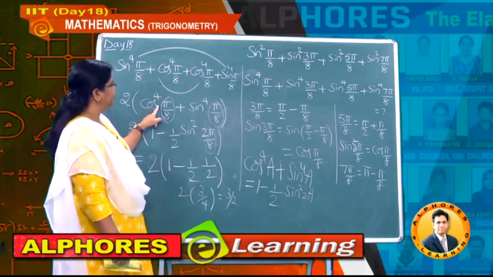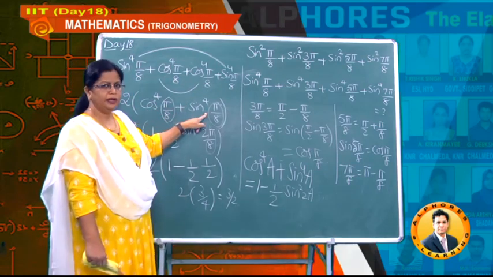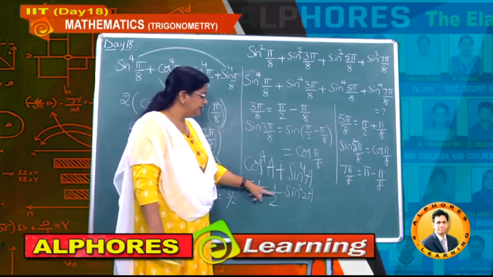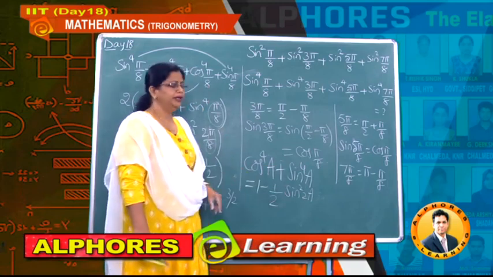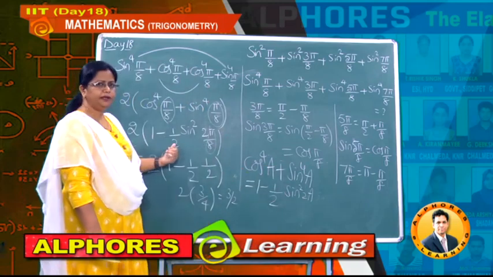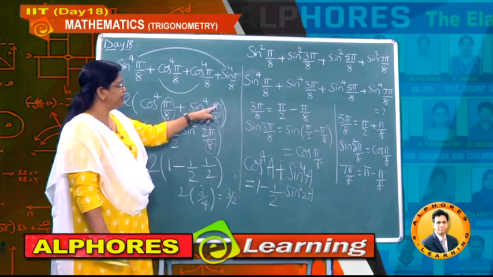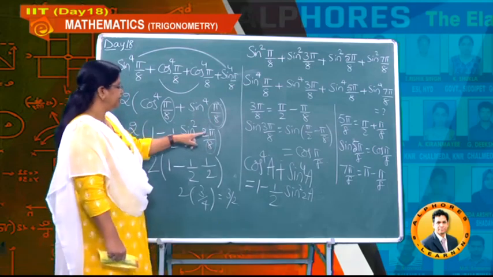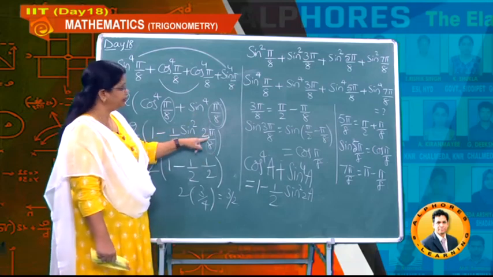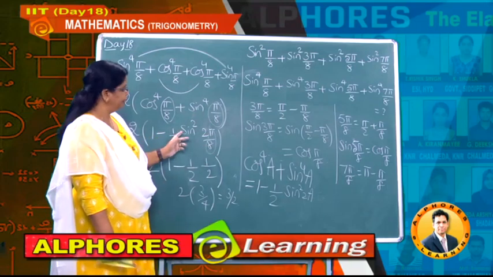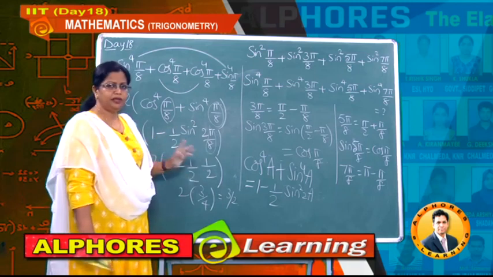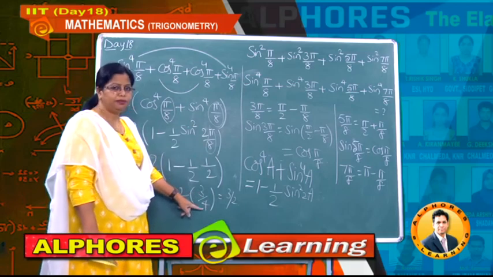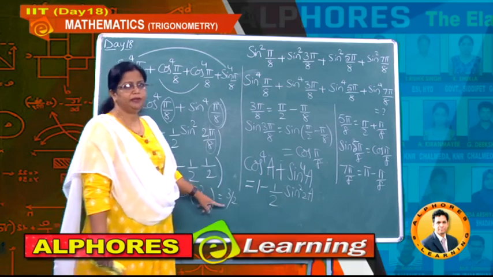Then this is cos power 4 pi by 8 plus sine power 4 pi by 8. Then again we have applied the formula, that is 1 minus half sine square 2a, and that value we substituted here. So sine square 2a is here pi by 8, and therefore 2 into 2 is 4, and that is sine 45 degrees. Sine 45 is nothing but 1 by root 2, and 1 by root 2 whole square is nothing but 1 by 2. Hence you got 1 minus 1 by 4, that is 3 by 4 multiplied by 2, it is 3 by 2.